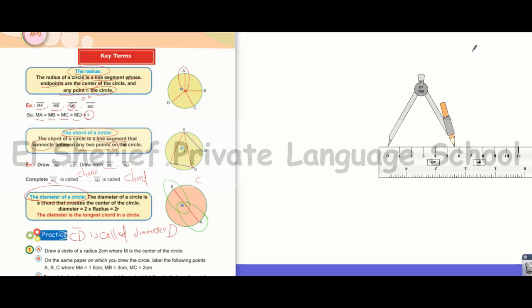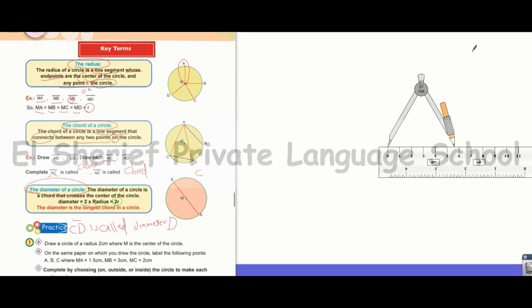That means the diameter equals 2 times the radius. That means it equals R plus R, because MB is radius R and MA is radius R. So the diameter equals 2R. The diameter is the longest chord in a circle.